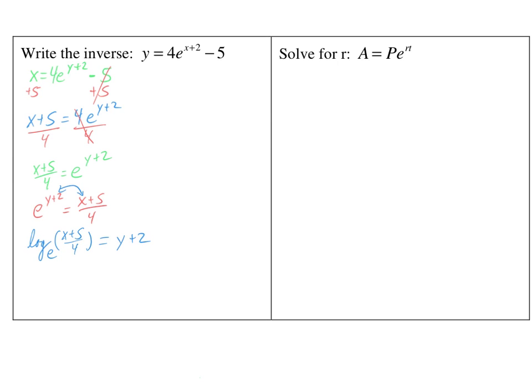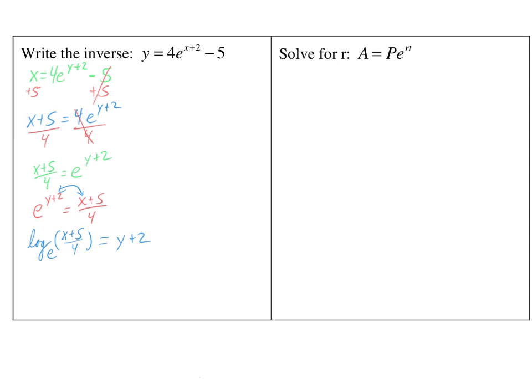Let me recap this. I want to get y by itself, but before I go there, how did I get to this format? I put the word log right here, and I switched these two.